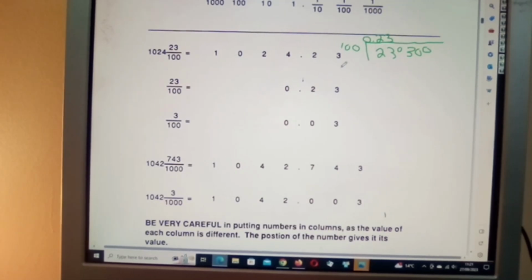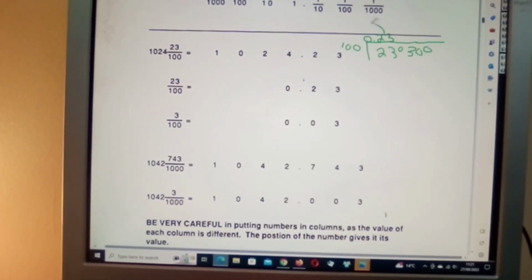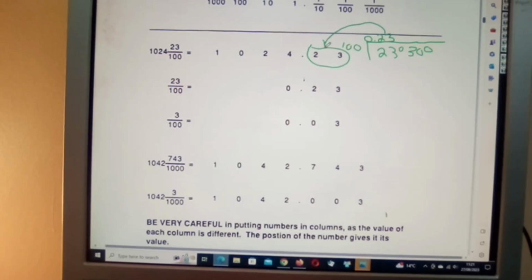And you can see that's where we get our 0.23 from. So now this is this area here, and that's what that becomes.